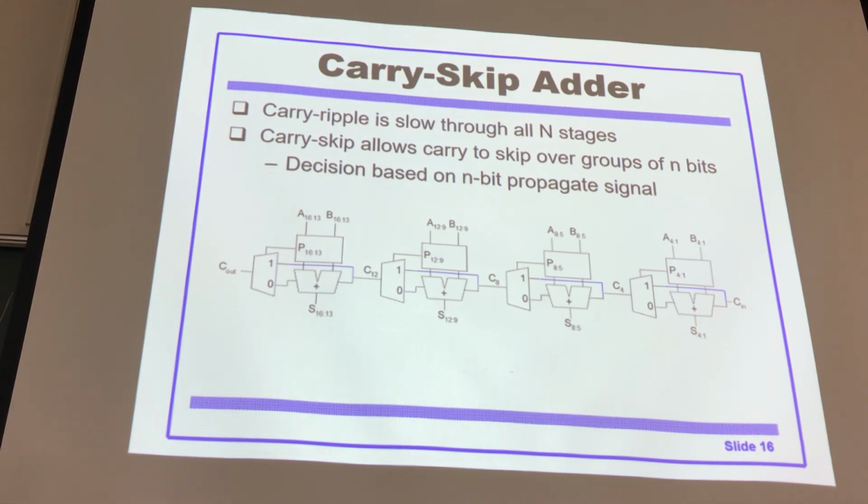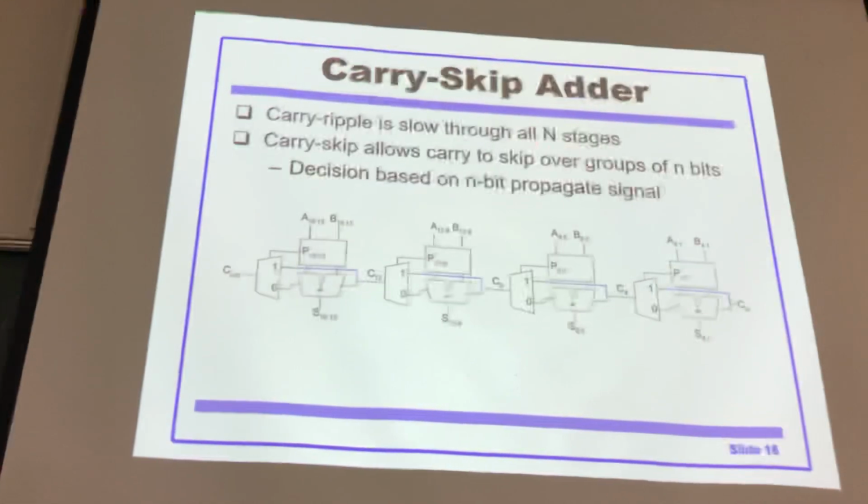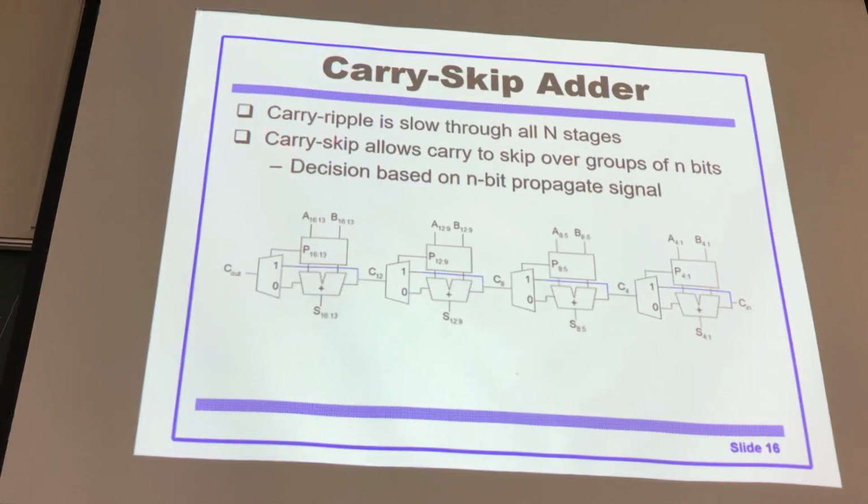Carry ripple is slow through all the stages, especially for large n. And carry skip allows carry to skip over a group of n bits. We are trying to let the carry skip.